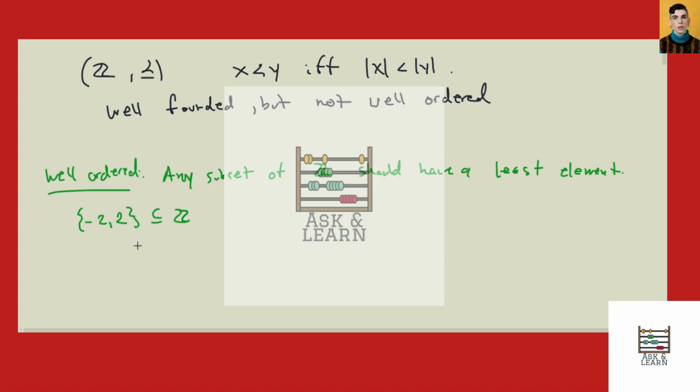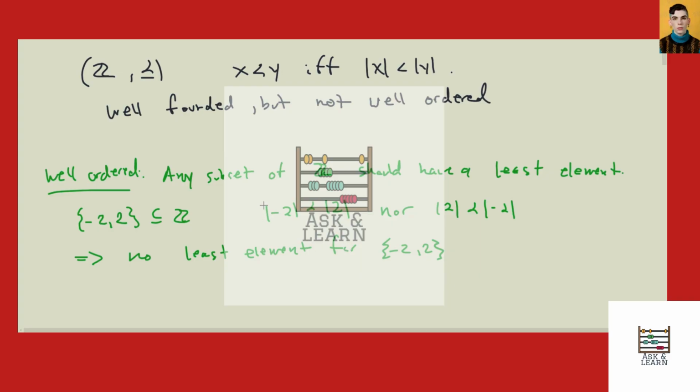In this case, we wouldn't have that the absolute value of -2 is less than the absolute value of 2, nor do we have that the absolute value of 2 is less than the absolute value of -2. So this implies no least element for the set {-2, 2}.